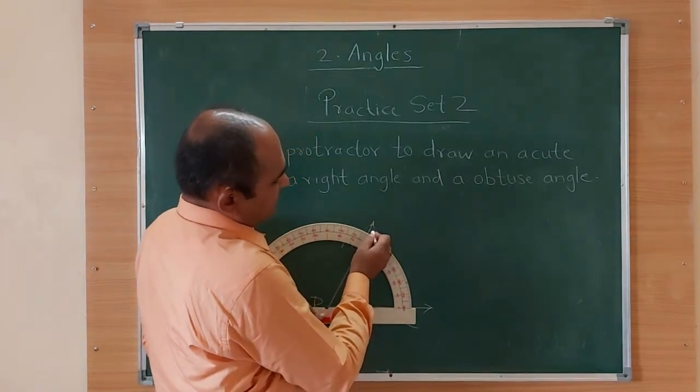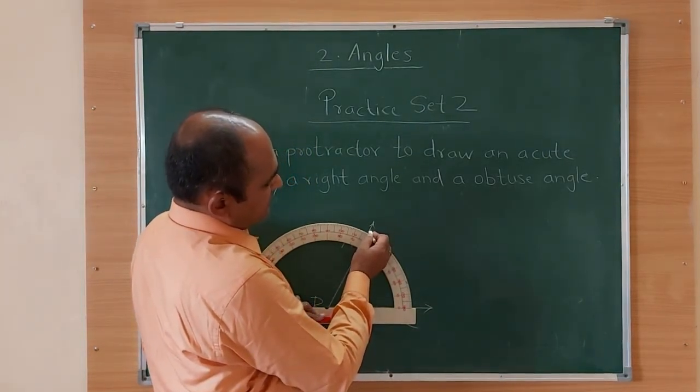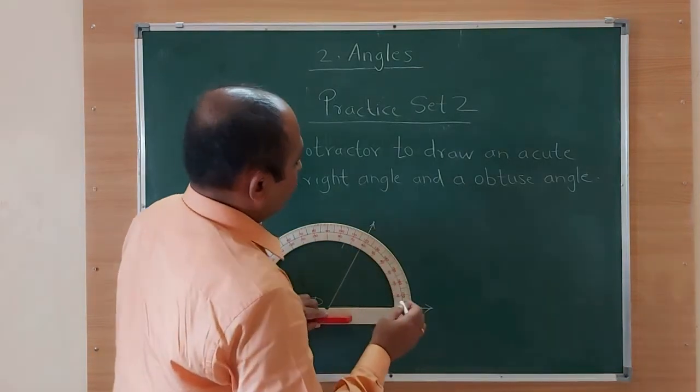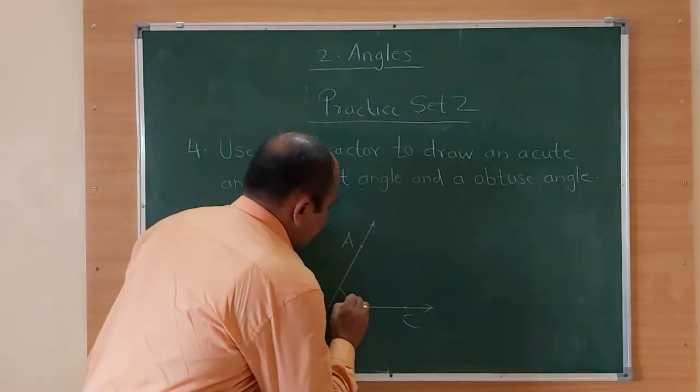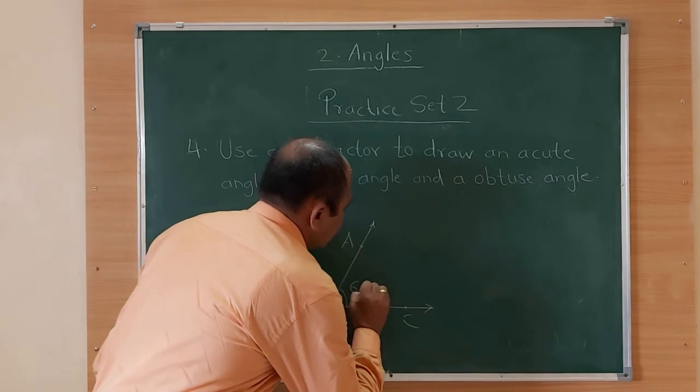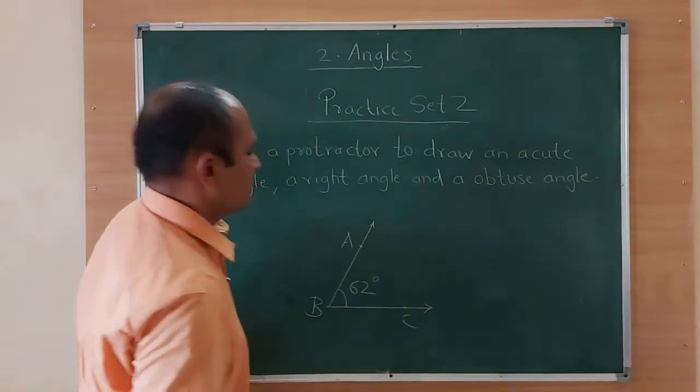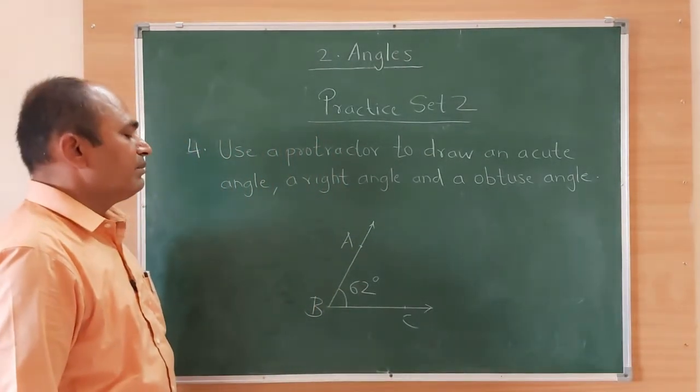And after 60, you have to see how many divisions. There are 2 divisions. So the measure of this angle is 62 degrees. In this way, we measure the angle.